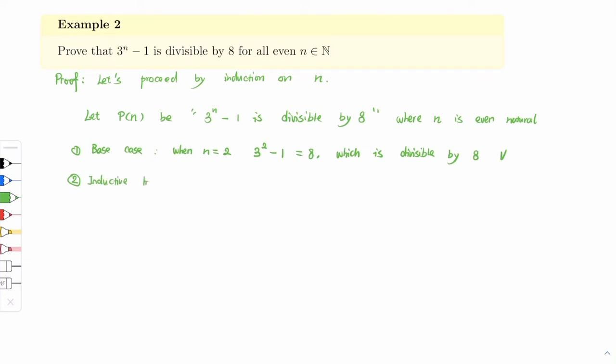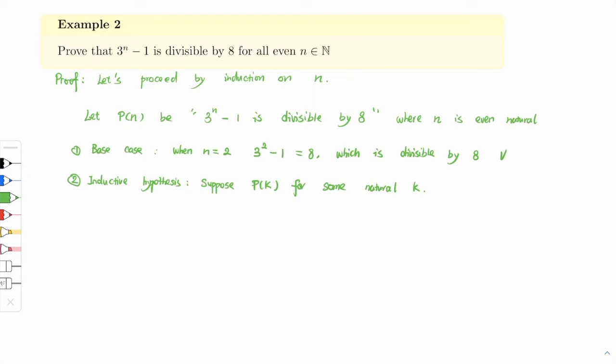Now, inductive hypothesis. I'm going to suppose P(k) for some natural k.